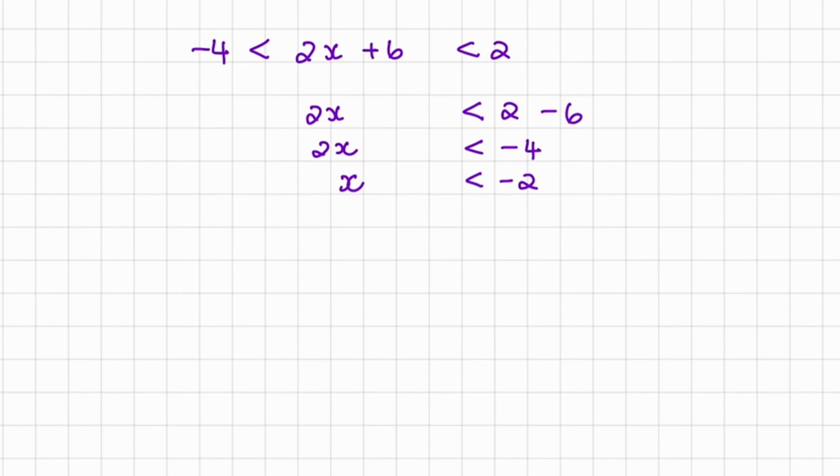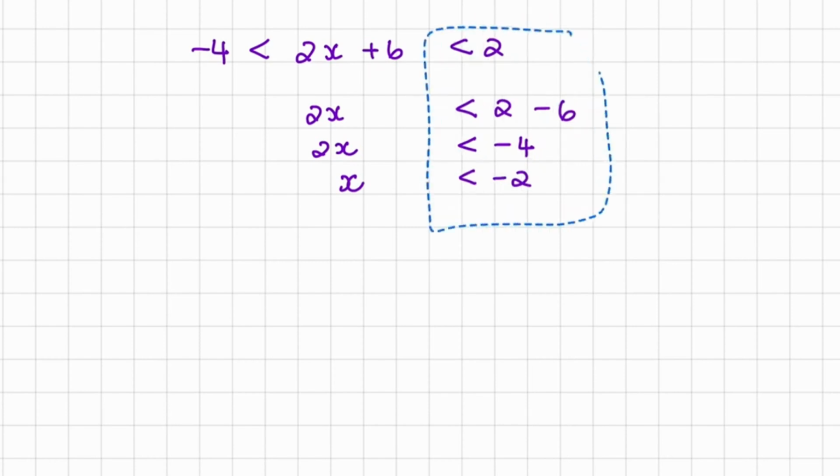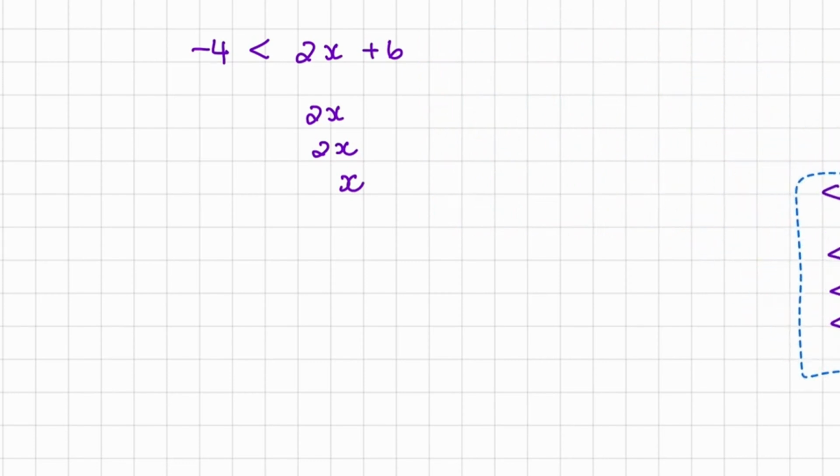Now, what I want you to do when we work with these double inequalities is to do one side at a time. So let's imagine that this is gone now, and we want to solve for x. So if we repeat those calculations, first we took over the 6, then we said negative 10 is smaller than 2x, and I divide both sides by 2, so x is bigger than negative 5.